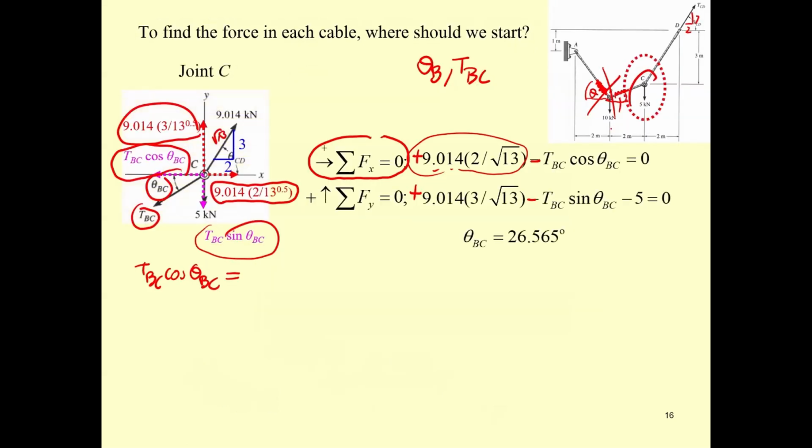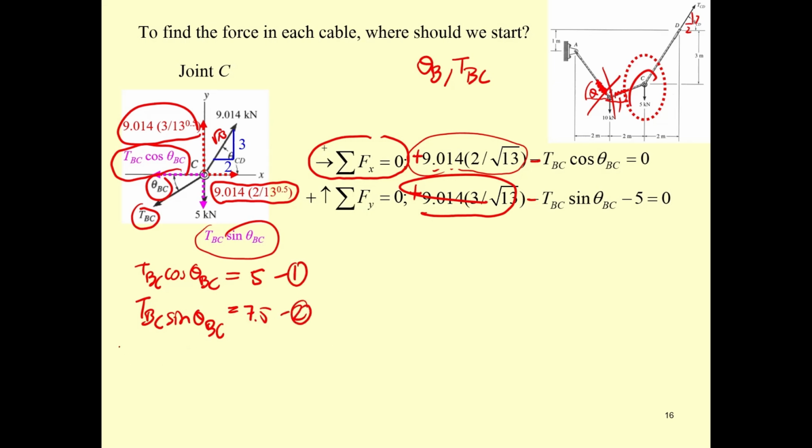Okay, that one is going to be equal to 5. And this one, we write it again, T sub BC and then sine theta sub BC. This one is going to be equal to 7.5 from the previous slide. Now, we have this one and this 2. Take the 2, divide by the 1.